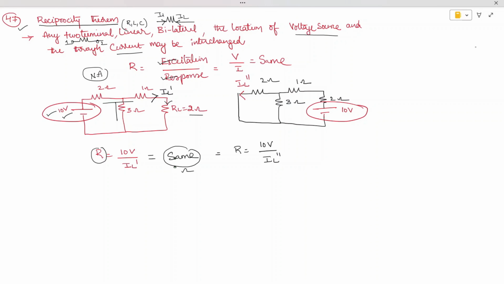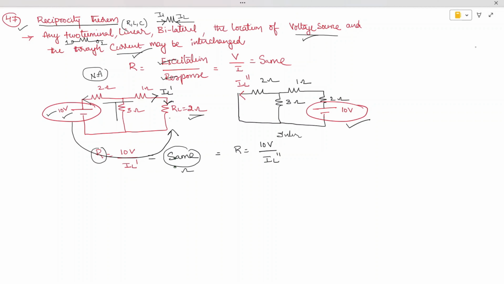Similarly, the locations of voltage source and current may be interchanged. This is the location of the voltage source and this is the location of the current, which is in the 2 ohm branch. Now I am shifting this 10 volts to here and finding the current in this 2 ohm branch. You see this network after interchanging.